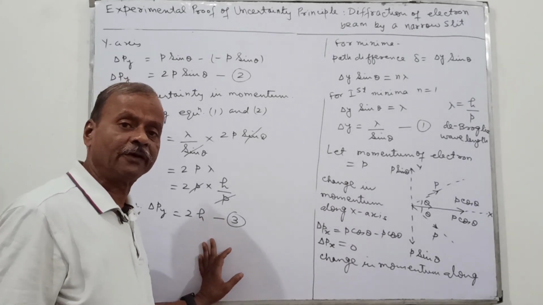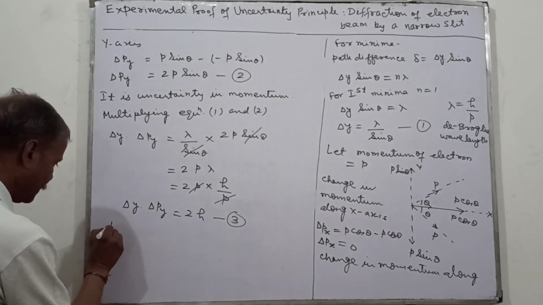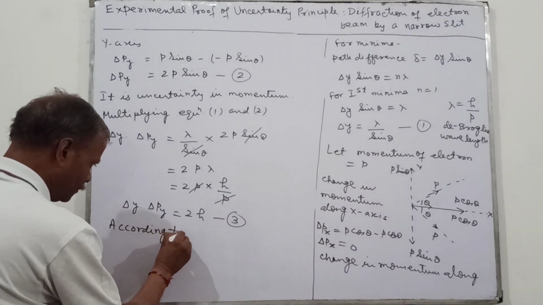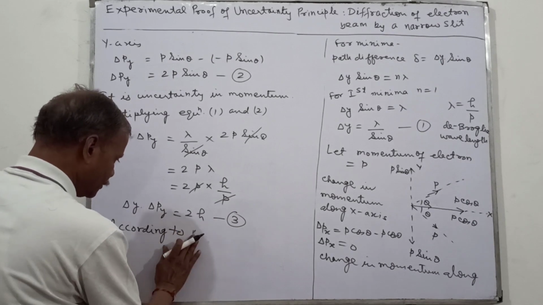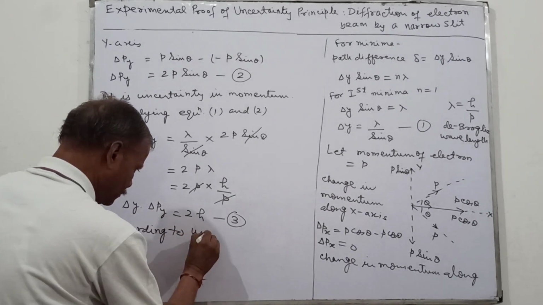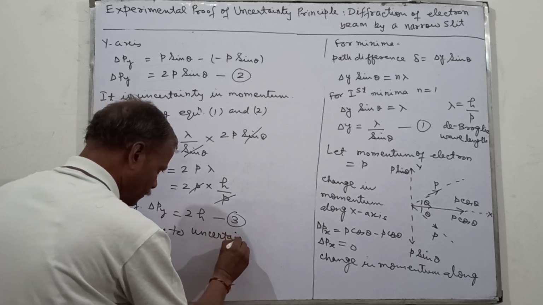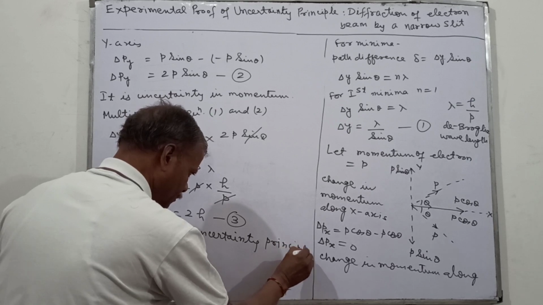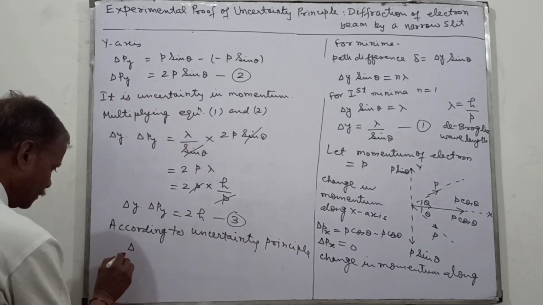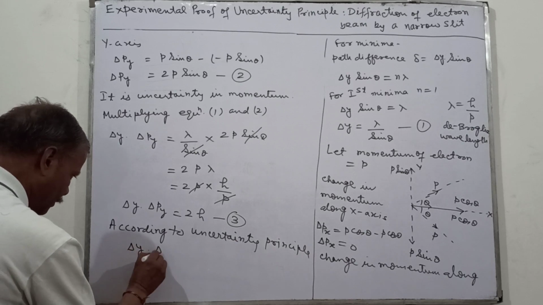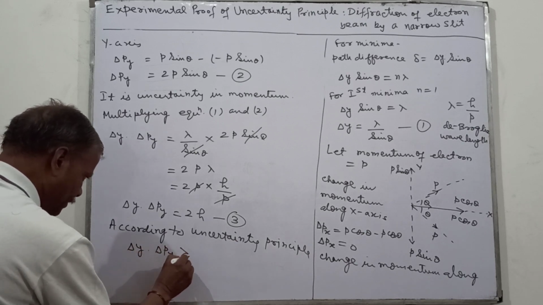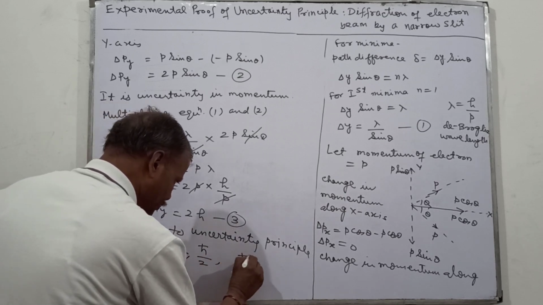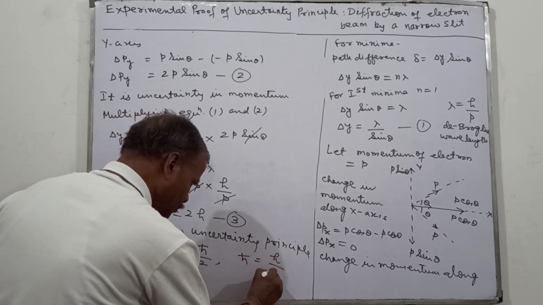But according to the uncertainty principle, delta y into delta py is greater than h cross upon 2, where this h cross equal to h upon 2 pi.